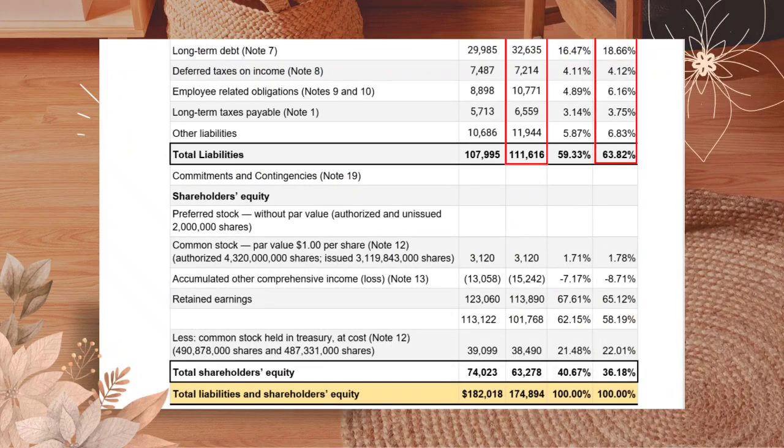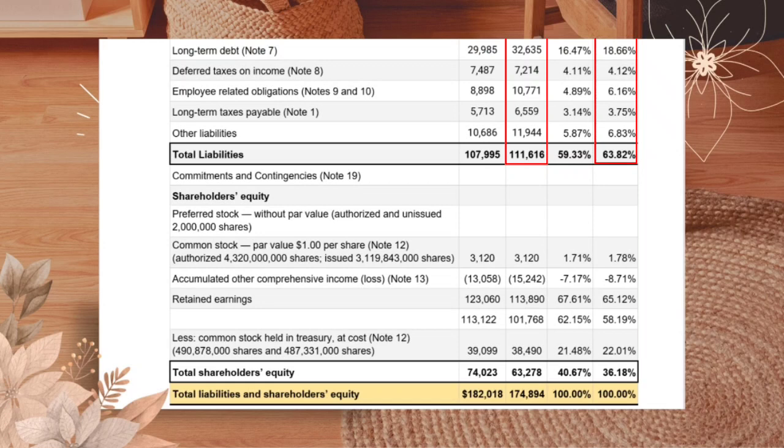Long-term debt is 32,635 divided by 174,894 times 100% is 18.66%. Deferred taxes on income is 7,214 divided by 174,894 times 100% is 4.12%.